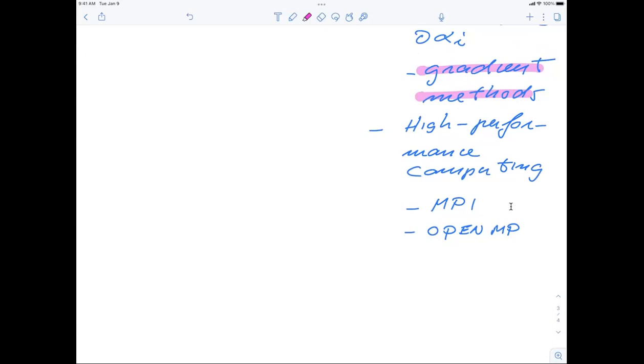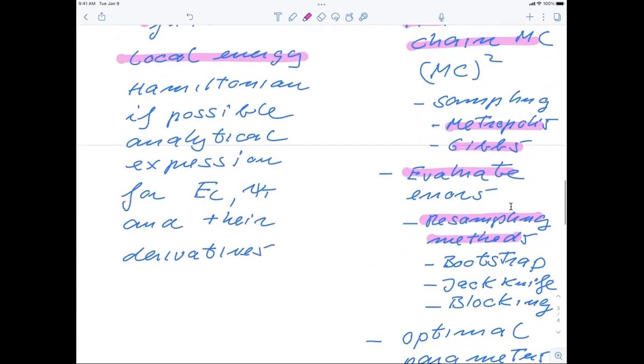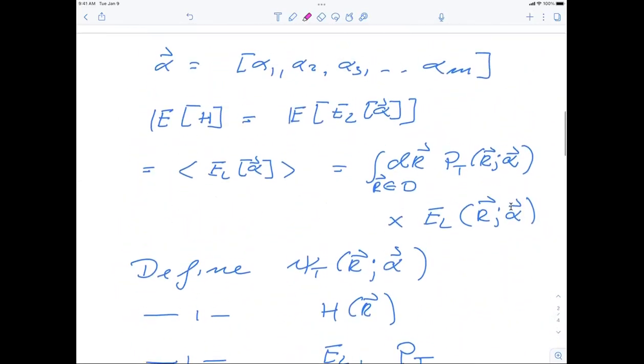So the high-performance computing aspect comes in now due to the fact that we are dealing with stochastic samplings of an integral. And if we now go back again to the equation which we are going to deal with for large fractions of the time in this course, when we do a stochastic evaluation of an integral, we simply want as many samples as possible.